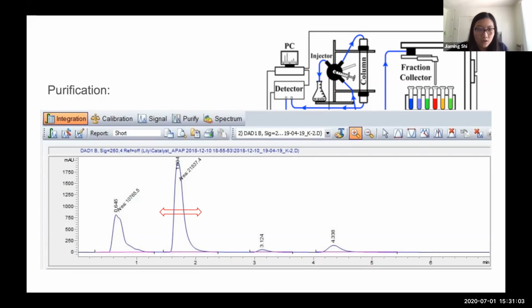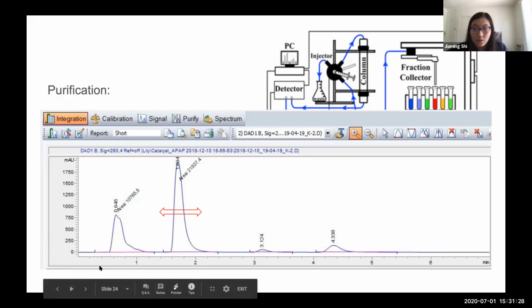So theoretically, the thing you collect will only contain the analyte you're interested in for purification and some of the mobile phase. The mobile phase will be organic solvent and water, and you can do further evaporation and stuff to extract the sample you want. So that will be what we do if we want to separate one particular compound from a mixture.